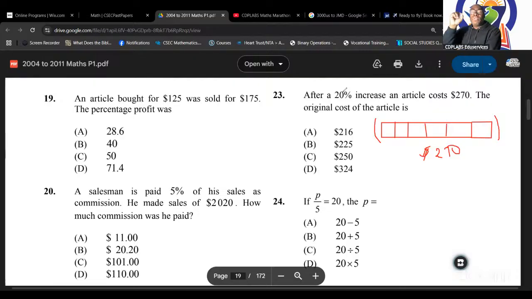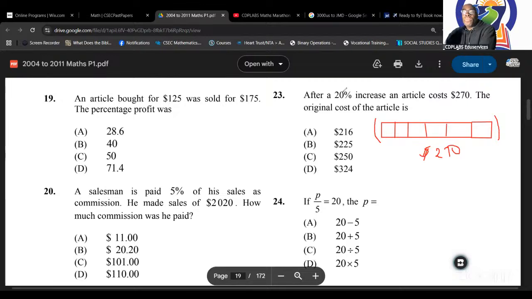If we divide the original bar by 5, each bar is 1/5. However, we had to add another portion to it, another fifth, because it says 6/5. The 270 is 6/5.